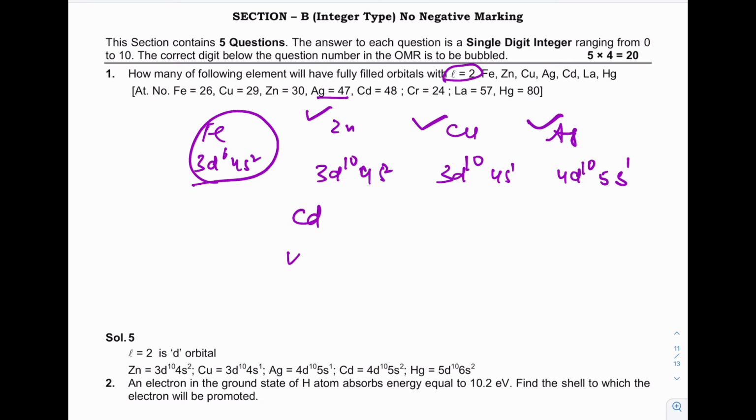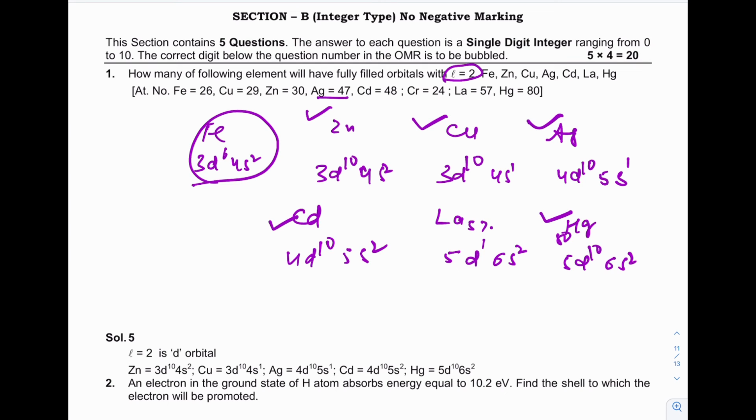Cadmium below zinc, 4d10 5s2, so d10 configuration is there. Lanthanum 57 is 5d1 6s2. And mercury 80 is 5d10 6s2, so yes, it will be there. So there are 5 which have d10 configuration.